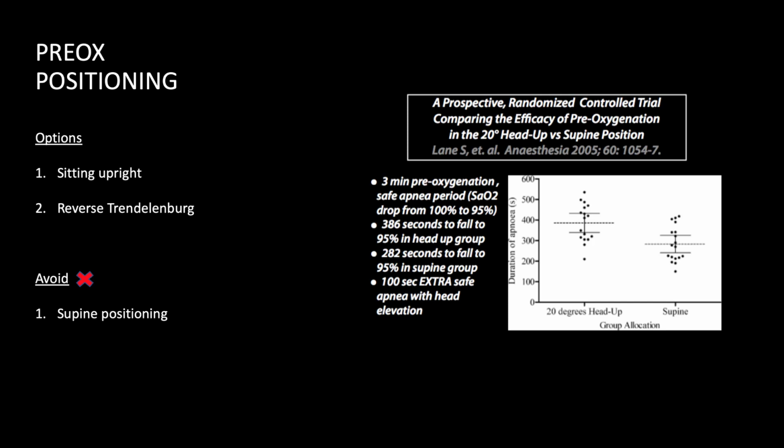Your options here again for offloading the abdominal contents is having the patient with the head of the bed up or reverse Trendelenburg. We want to avoid supine positioning as much as possible, and although trauma patients will be immobilized, you can always place that patient in reverse Trendelenburg to reduce the amount of abdominal weight on the diaphragm.